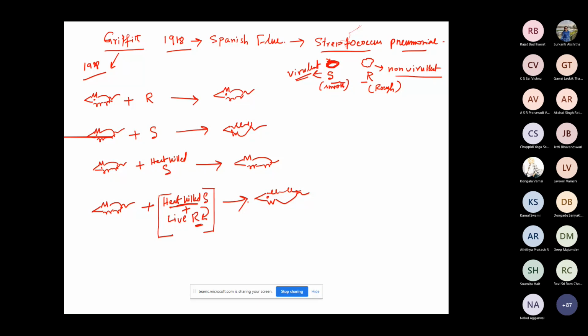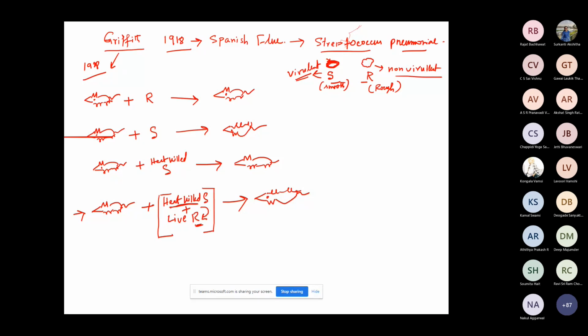So what happened when Griffith observed that when he injected this group of mouse, heat killed S and live R, mouse is dying. That means, as one of you answered that mouse will survive, I agree with that student that apparently it seems like so. But what is happening here is that some information present in the heat-killed S strain cell is getting transferred into this live R strain.